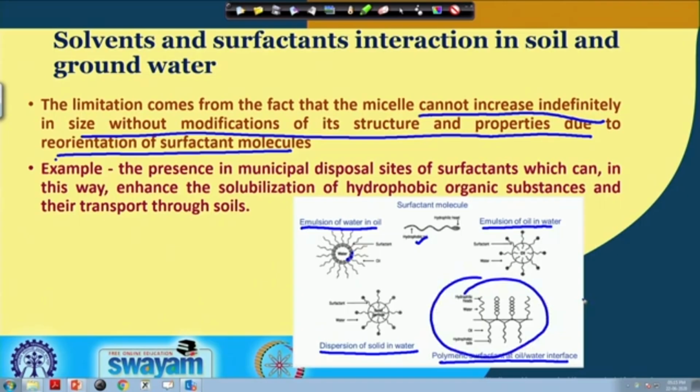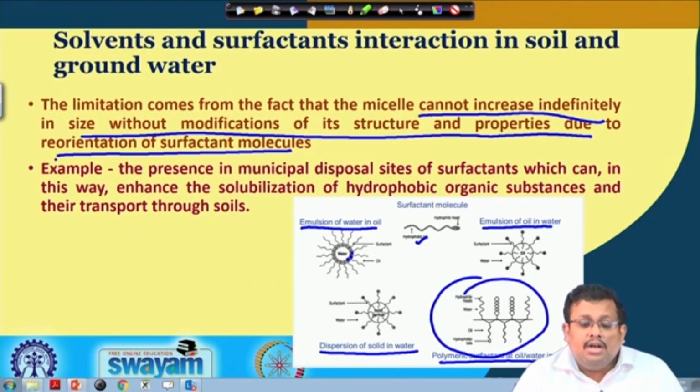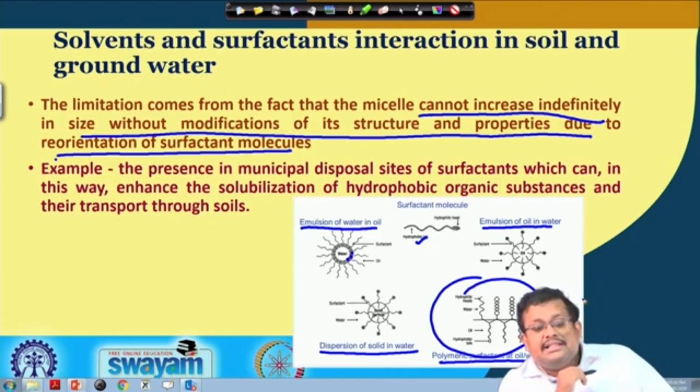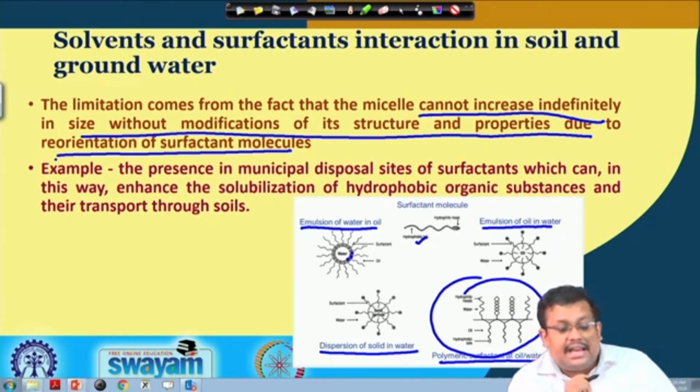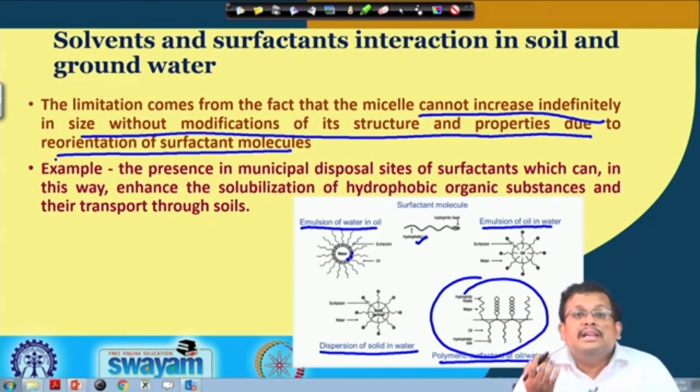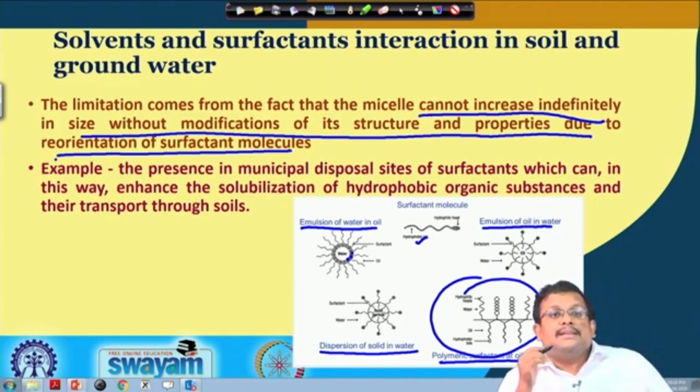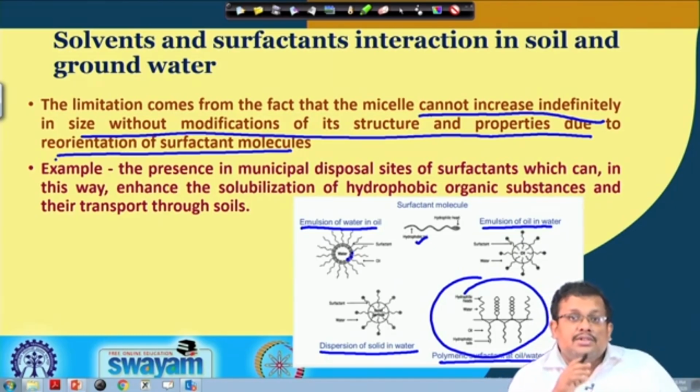Now, an example is the presence of municipal disposal sites of surfactants, which can in this way enhance the solubilization of hydrophobic organic substances and their transportation through the soils. We have already discussed how the dispersed solid in water can be mediated through the surfactants.